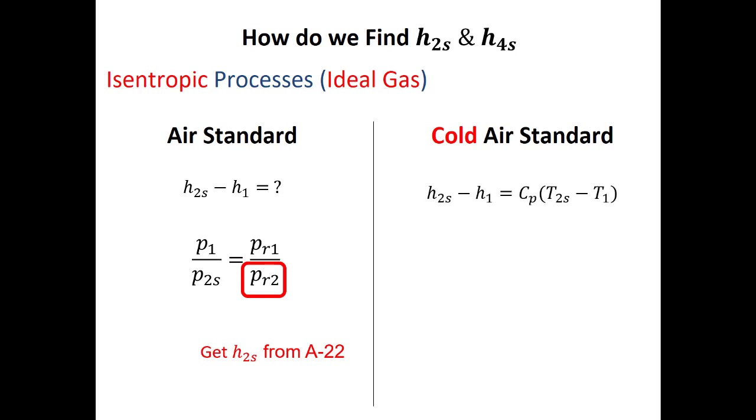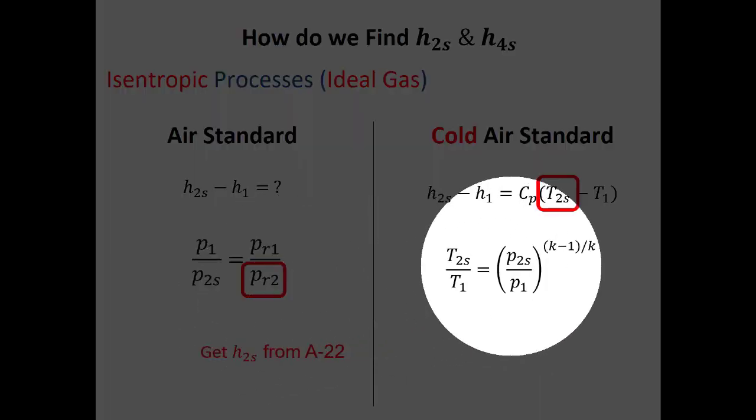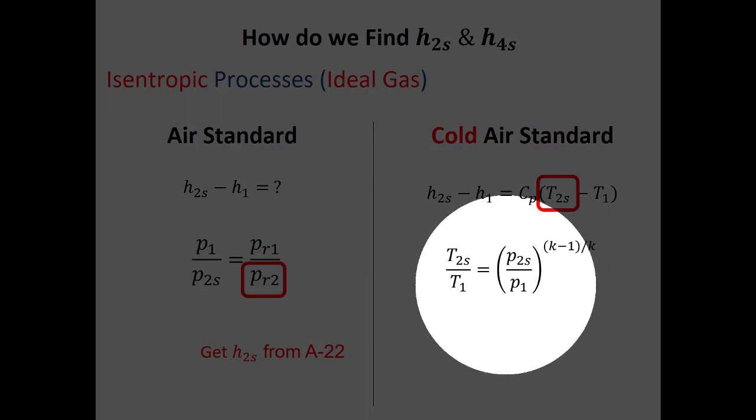If I was doing a cold air standard analysis, I would never care what delta H is because I'm going to approximate that as Cp times delta T, but I still need to find what the isentropic temperature at the outlet of this isentropic compressor is. To do that, I'm going to look for an equation that has K in the exponent. And in this case, because it's an open system and I know the compressor pressure ratio, I'm going to use this equation.